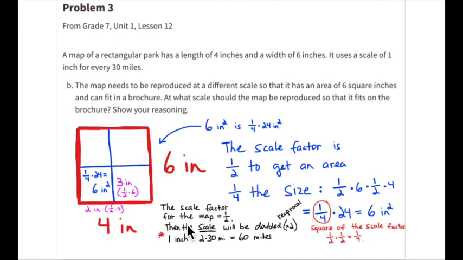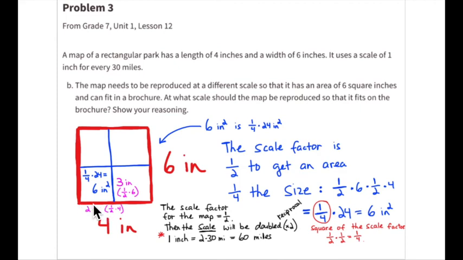So the scale factor for the map is 1/2. So each side is multiplied by 1/2, but then the scale will be doubled. So in that 1 inch, that 1 inch is no longer equal to 30 miles. It's actually equal to 60 miles. It's equal to twice as many miles in that 1 inch.